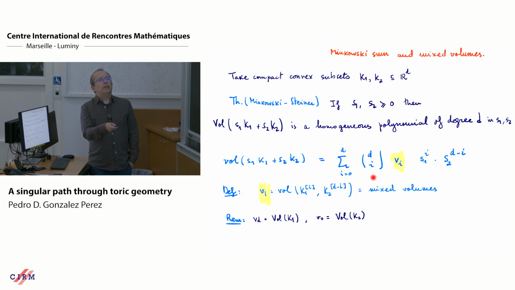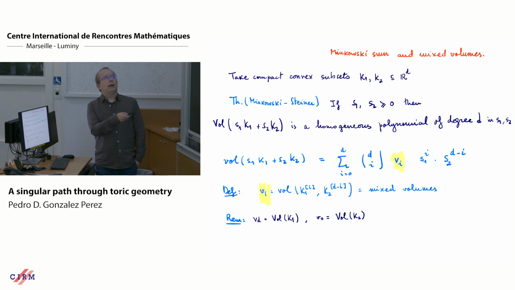And if we write it in this form, then these coefficients are the mixed volumes of the corresponding convex sets.